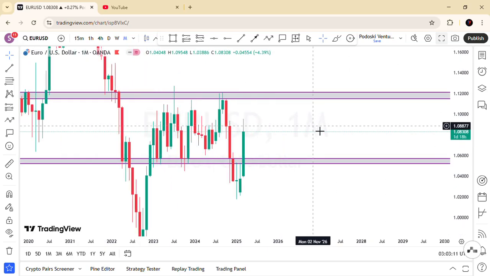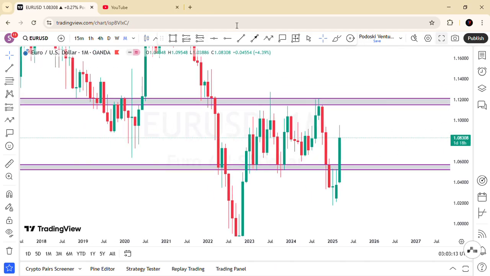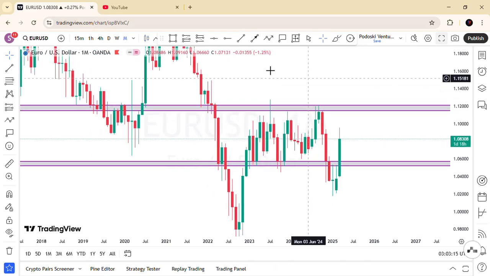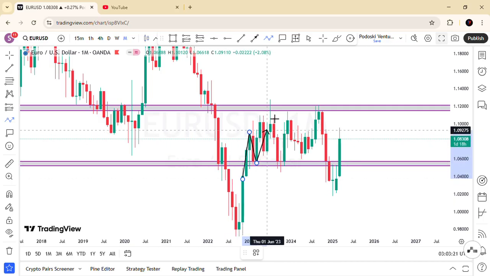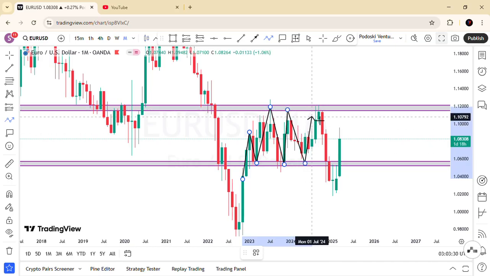On the monthly time frame on EURUSD, I could say EURUSD is also ranging. Why? Because price has been consolidating at a particular zone for a very long time.